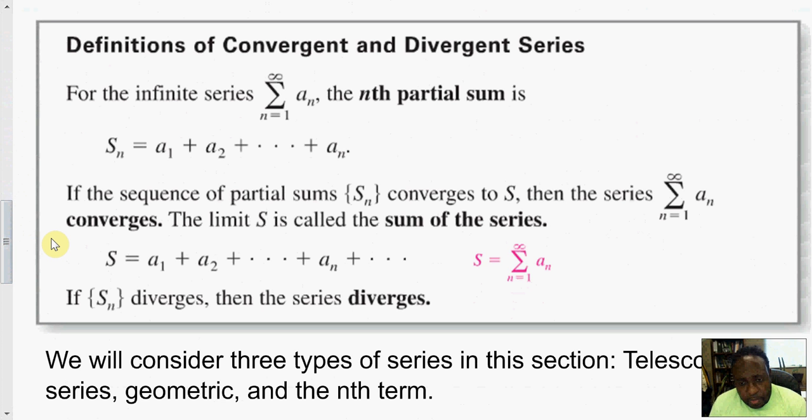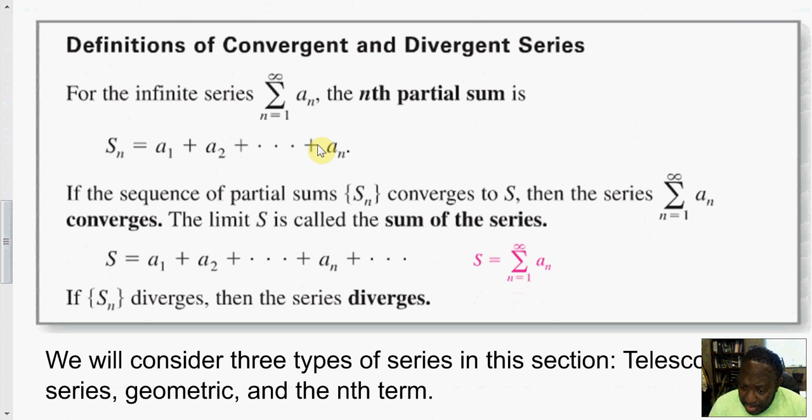Now the definition for a convergent or divergent series. For the infinite series, the summation, as n goes from 1 to infinity, of a sub n, the nth partial sum is s sub n, where s sub n is equal to the addition of all the sequence values a sub 1 to a sub n. If the sequence of partial sums converges to s, then the series itself is said to converge, and we call the limit s.